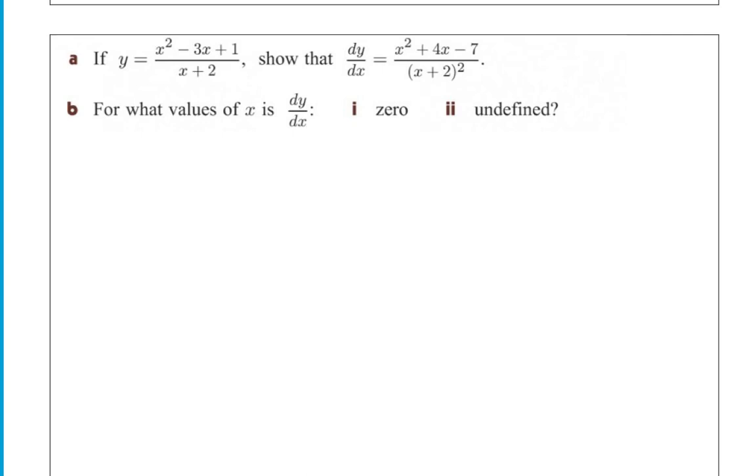Next one. Once again, have a go, come back and see the answer. So we've got y equals x squared minus 3x plus 1 over x plus 2. So it's a fraction, so we know we need the quotient rule. And it's a show that, which means even if we can't do it, we can still do part B. So vu dash minus uv dash over v squared.